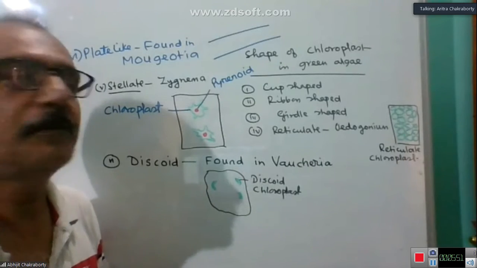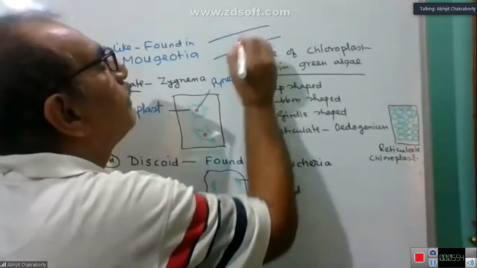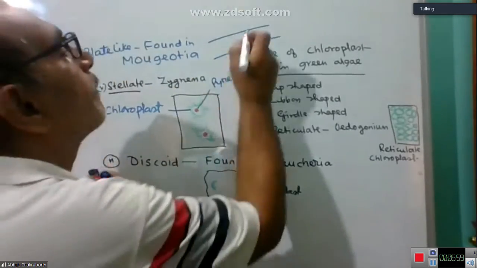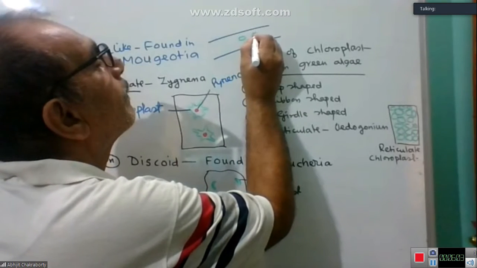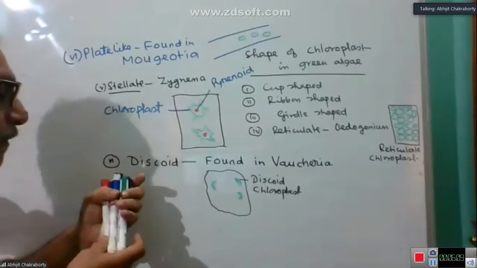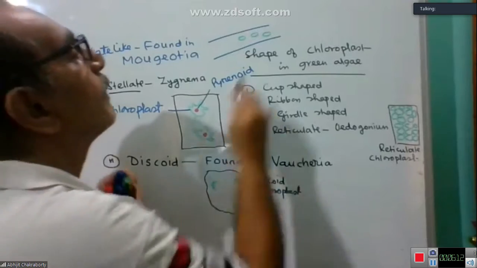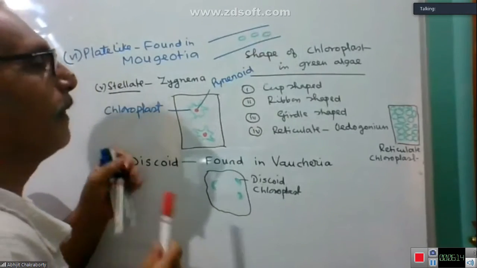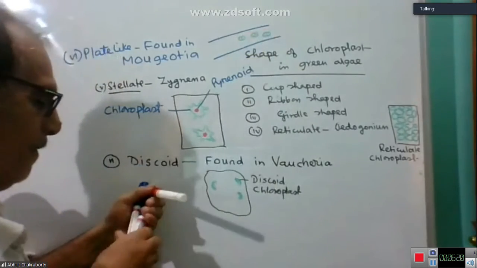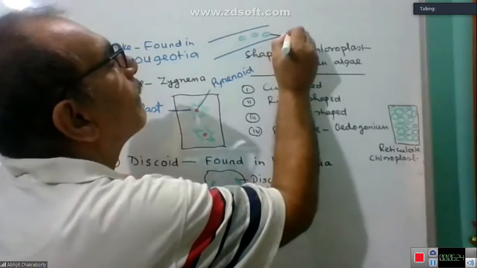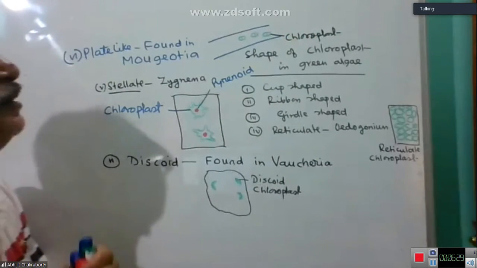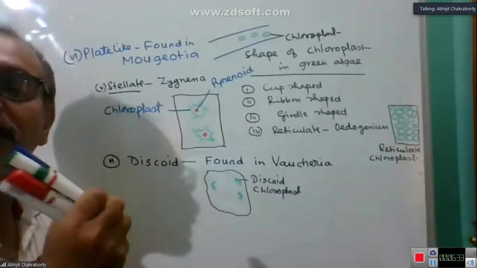Now here you will get some plate-like chloroplast, found in Mougeotia. So this is what about the different types of chloroplast.